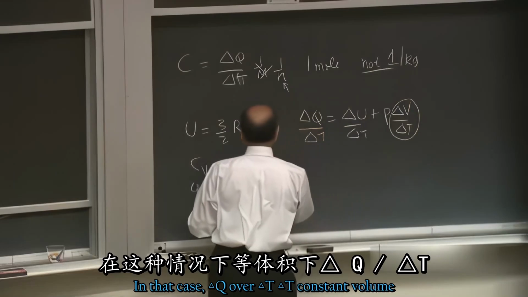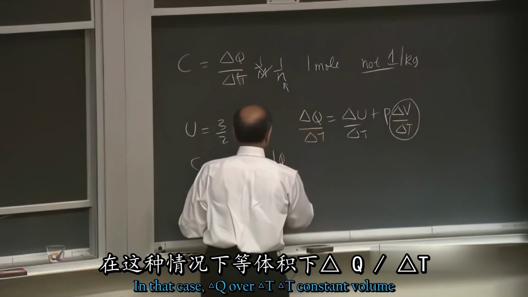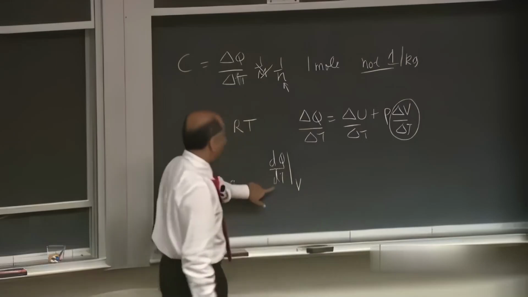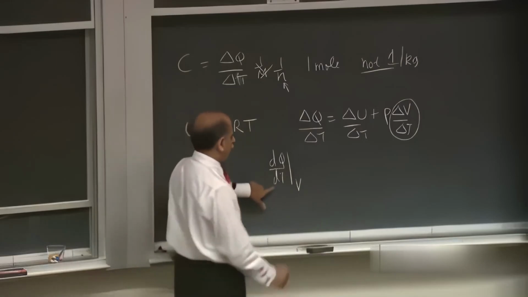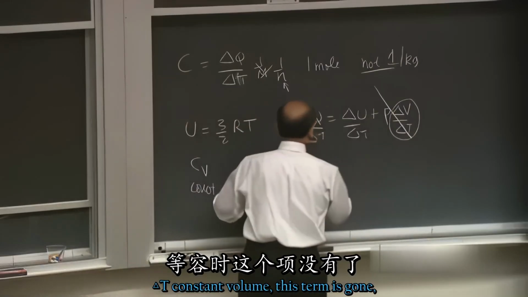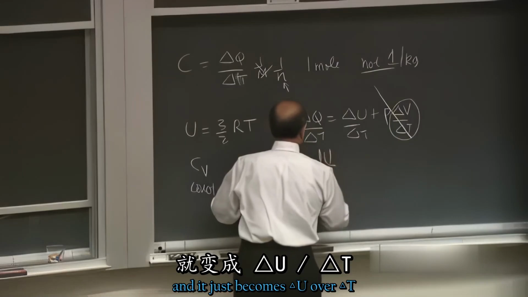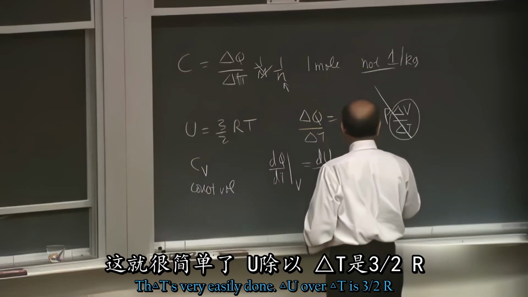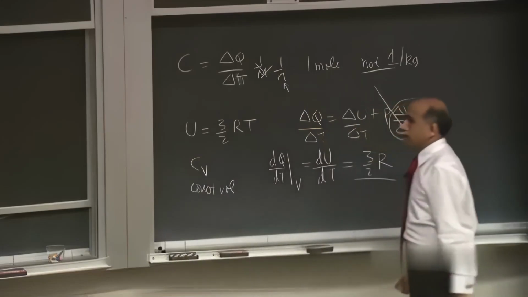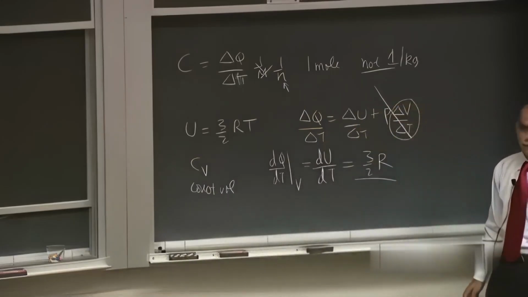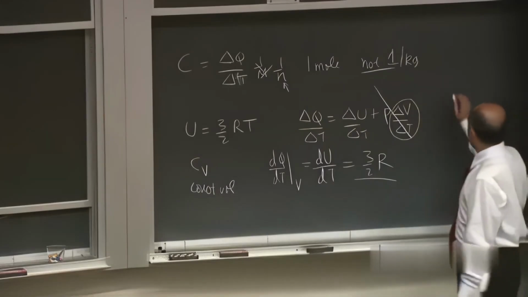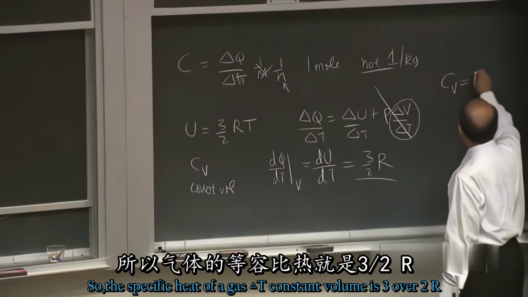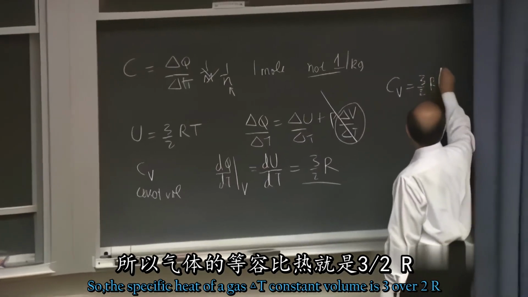In that case, delta Q over delta T at constant volume, we denote that in this fashion. At constant volume, this term is gone, and it just becomes delta U over delta T. That's very easily done. Delta U over delta T is 3 over 2 R. So the specific heat of a gas at constant volume is 3 over 2 R.